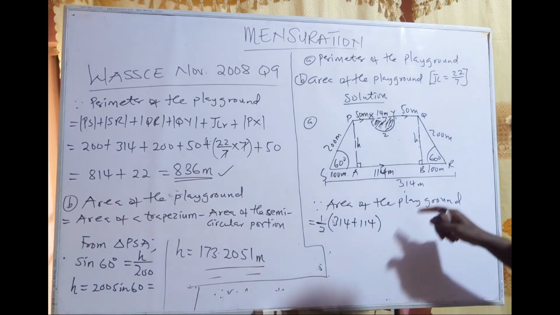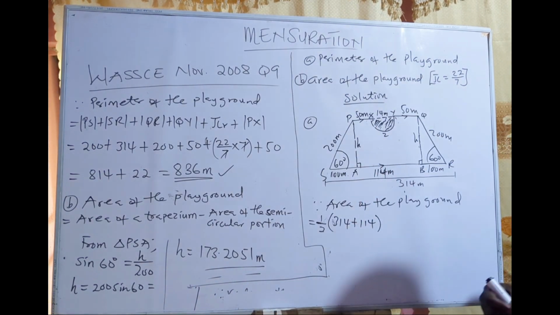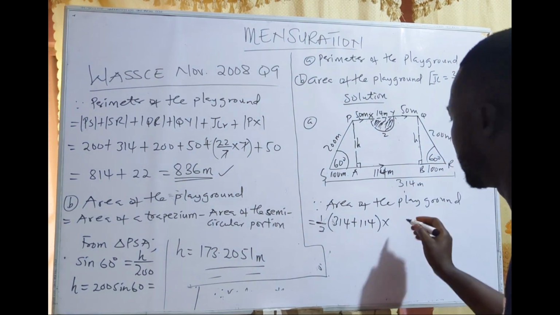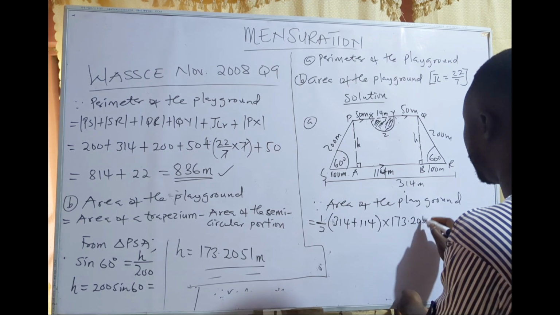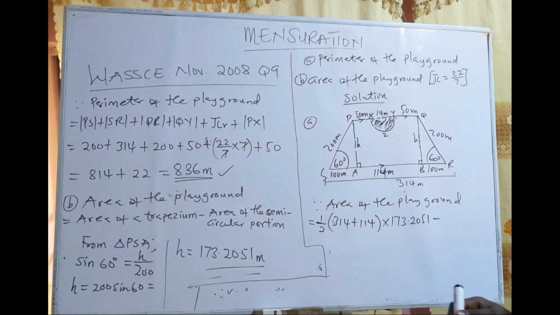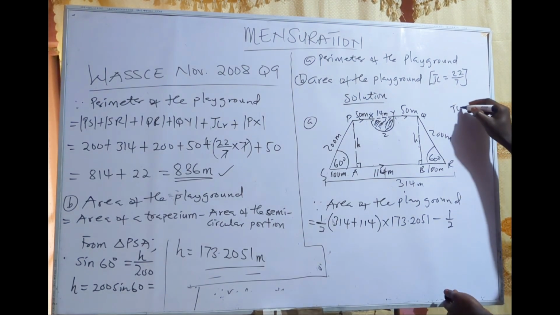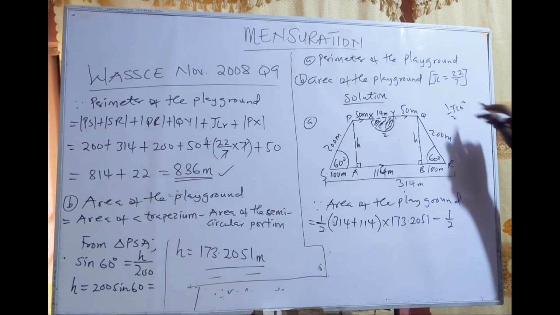So this is the parallel sides, 314 and 114, times the height, 173.2051, minus the area of the semicircle. And what is the area of a semicircle? The area of a circle is pi r squared, so the area of a semicircle is half pi r squared.